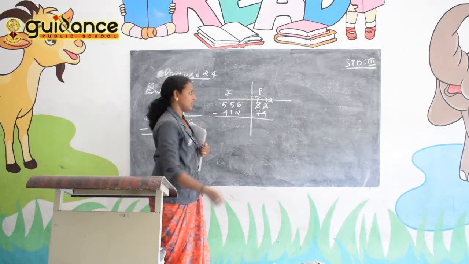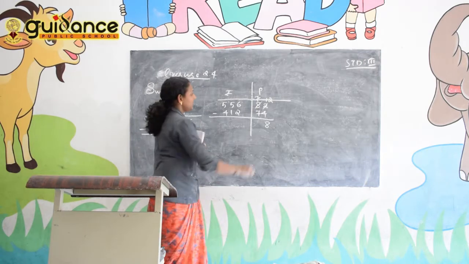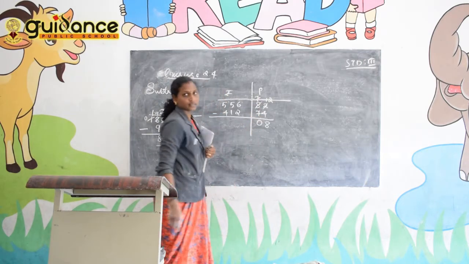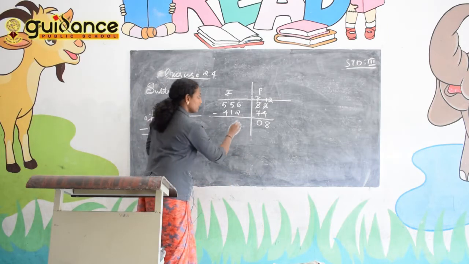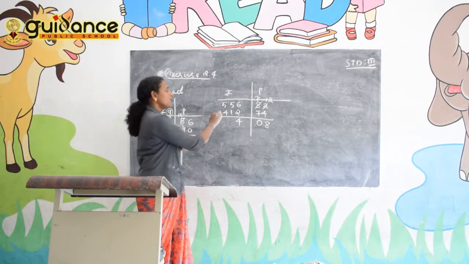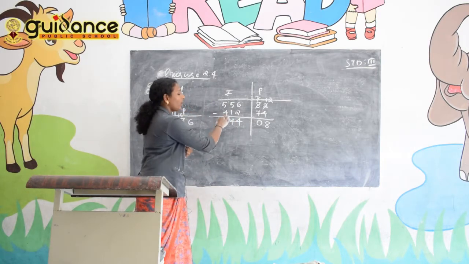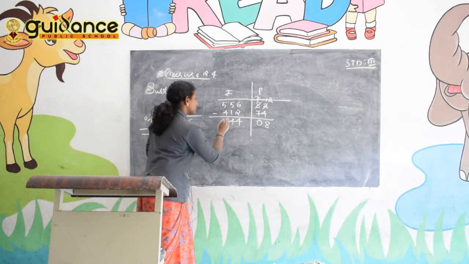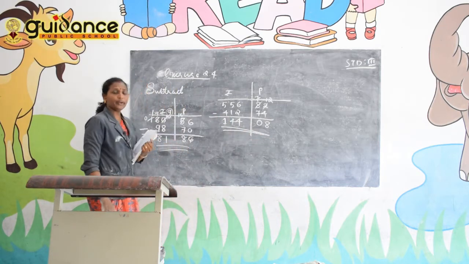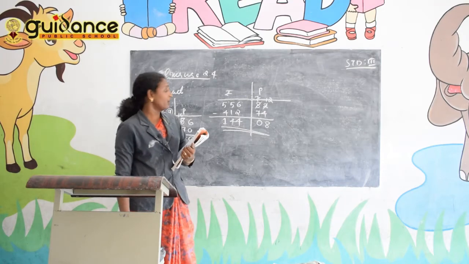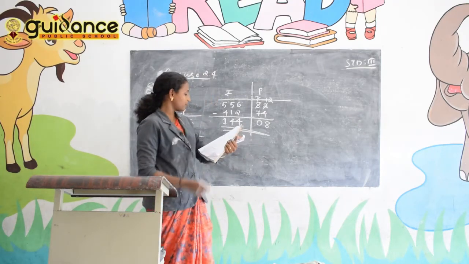Yes, possible. 12 minus 4 is 8. Then 7 minus 7, 0. 6 minus 2. Yes, 4. Very good. 5 minus 1. Yes, 4. 5 minus 4. Yes, 1. So this is the answer. So how many rupees? 144 rupees 8 paise.